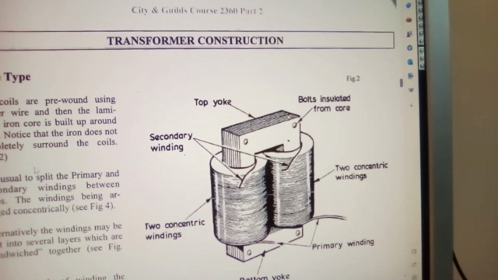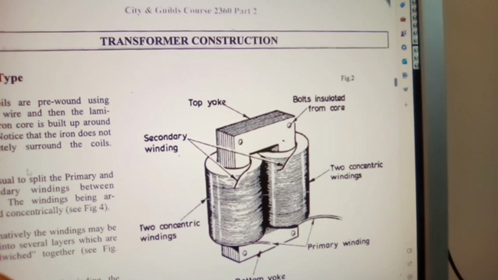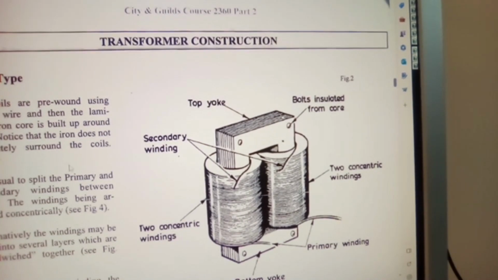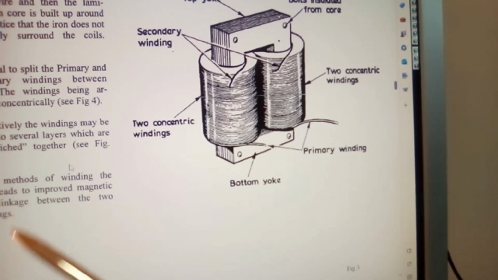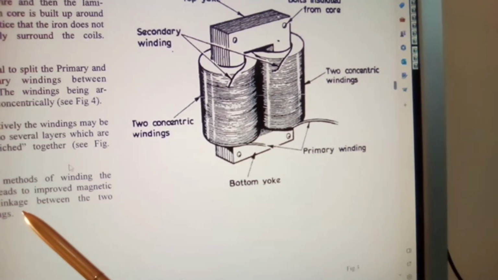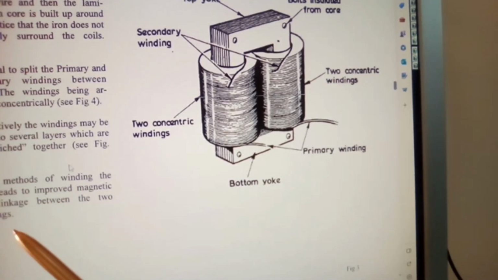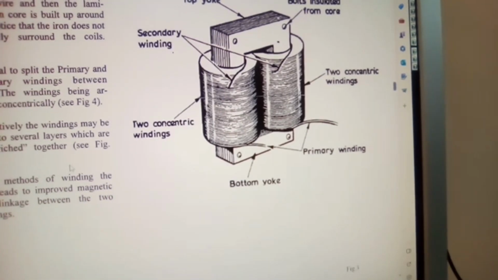You will see that in figure 4 as we move forward. Alternatively, the windings may be split into several layers which are sandwiched together. These methods of winding the coils lead to improved magnetic flux linkage between the two windings.